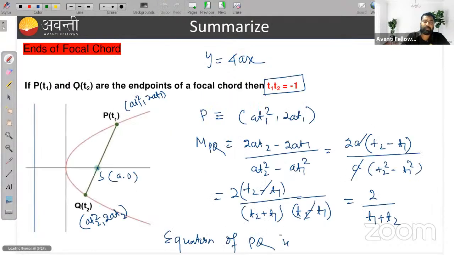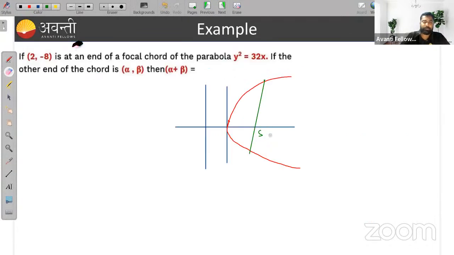Let's calculate first, then we'll solve it. It says one point is P, whose coordinates are 2, minus 8, and another point is Q, suppose whose coordinates are alpha, beta.